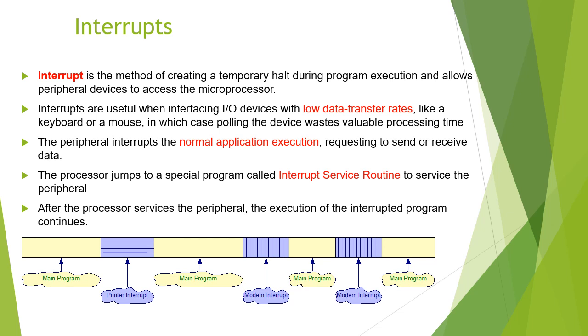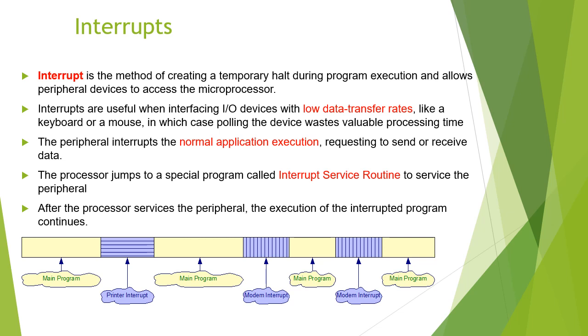Then the CPU, depending on the priority of that interrupt and also whether the type of interrupt is maskable or non-maskable, will pay attention to that interrupt. It will do whatever is required in order to satisfy that interrupt. Once it is finished with that, it will come back to the main program and resume the execution of it.